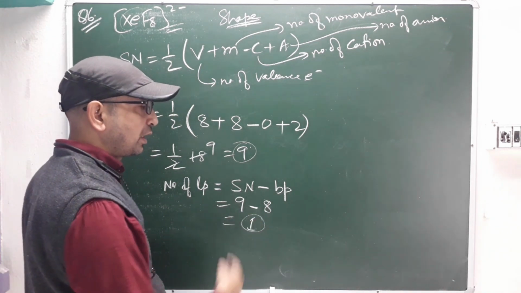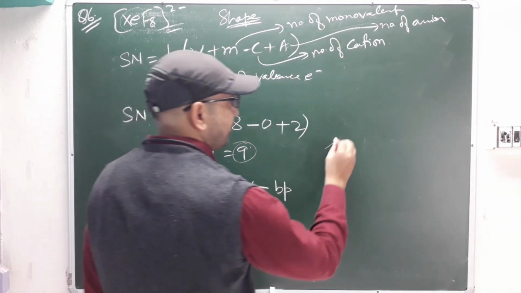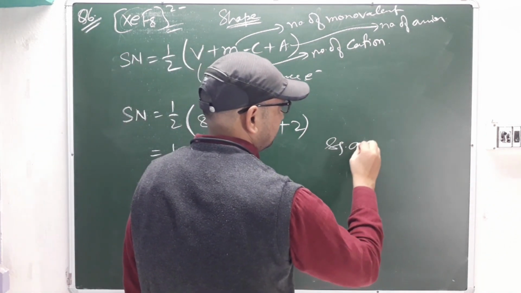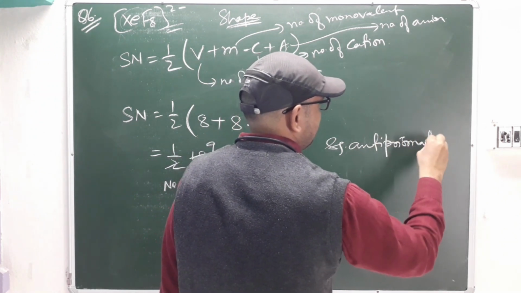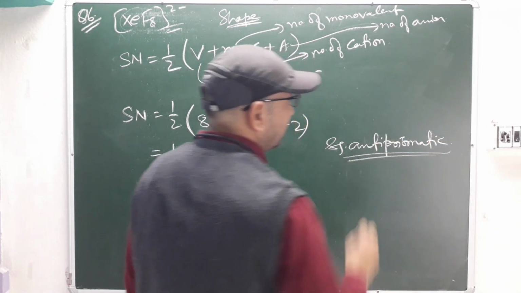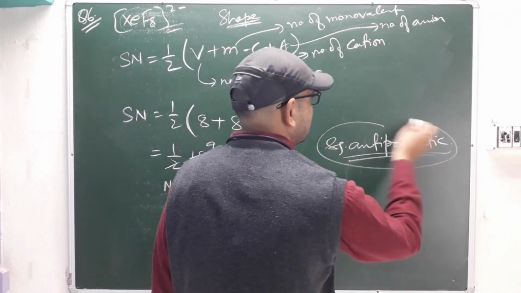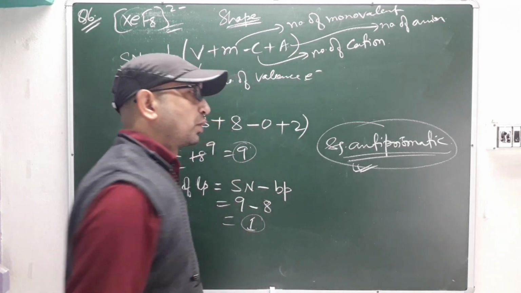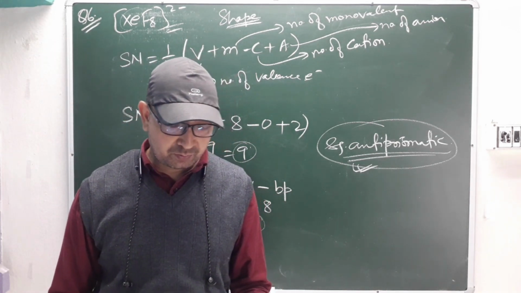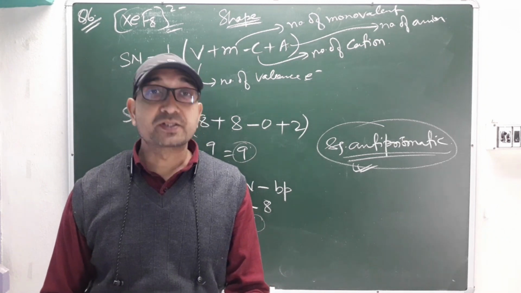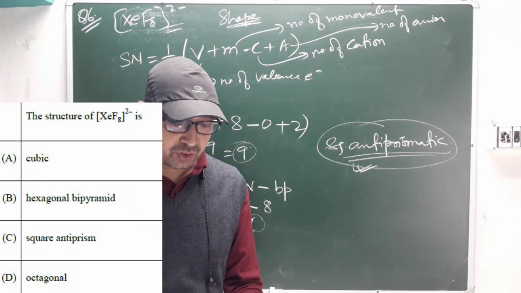So now overall it will be 8, and for 8 it was square anti-prismatic, correct? Likewise you have to solve it. So your correct option will be, you can see in the questions, square anti-prismatic, option C, right? Option C will be your correct answer for this particular question.